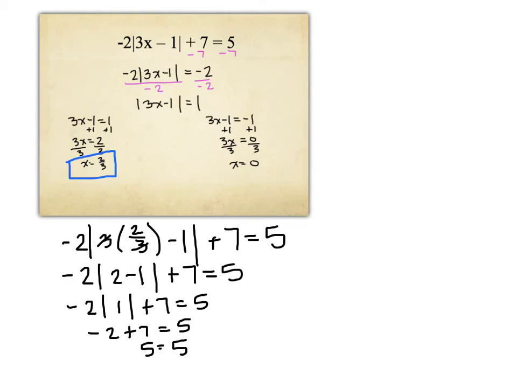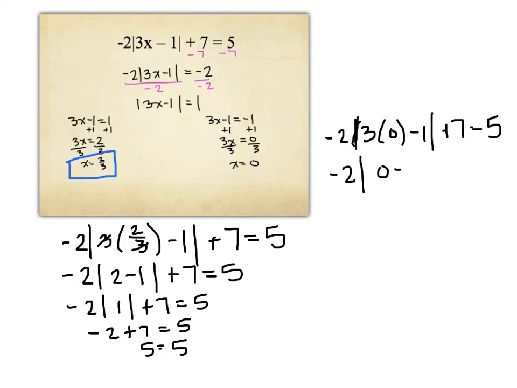And then the other one, -2 times the absolute value of 3 times 0 minus 1. Oops, this is the absolute value bar. Plus 7 equals 5. -2 times the absolute value of 0 minus 1, plus 7 equals 5.